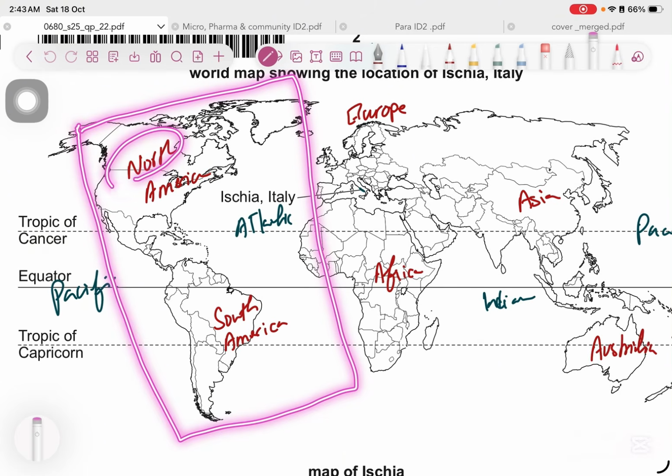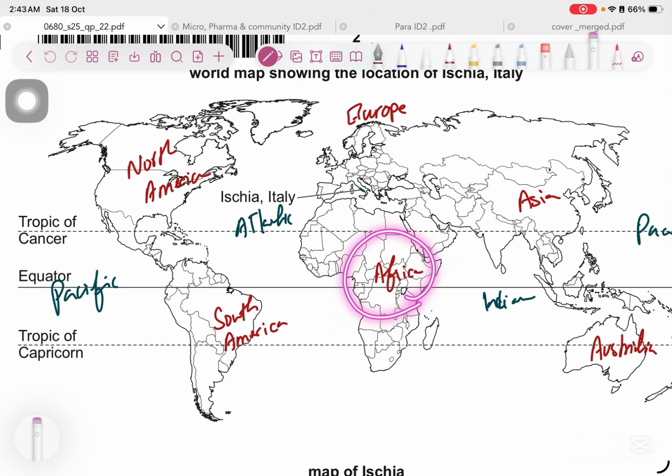We got North America since it's at the top, and then South America since it's at the bottom.